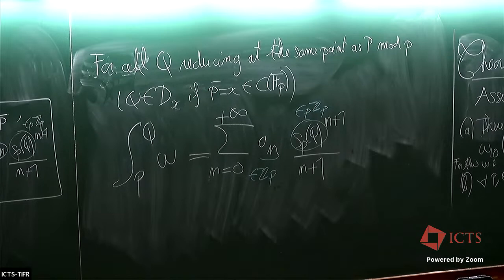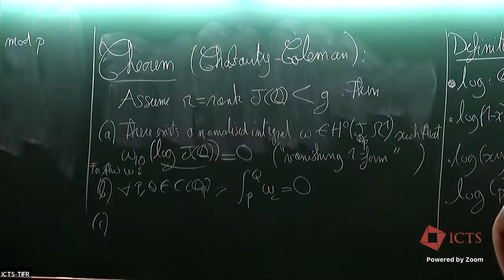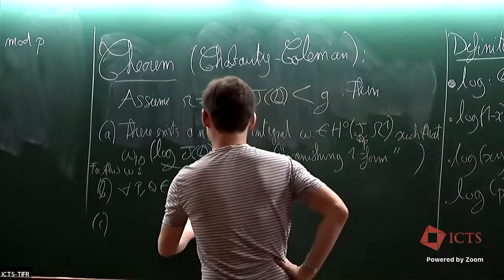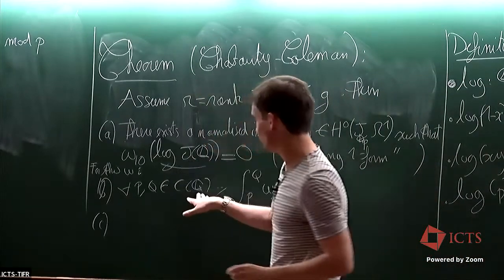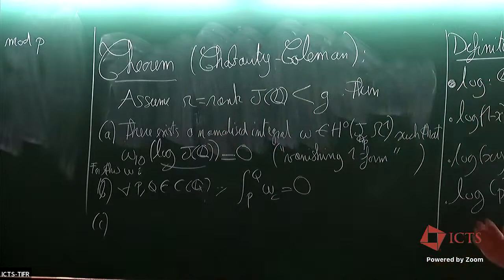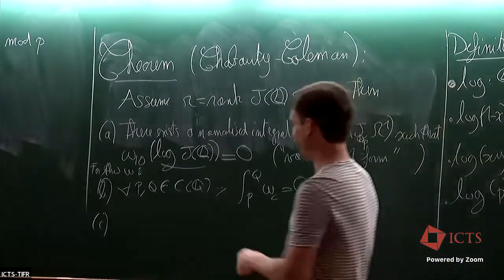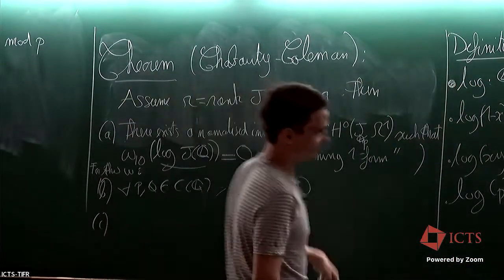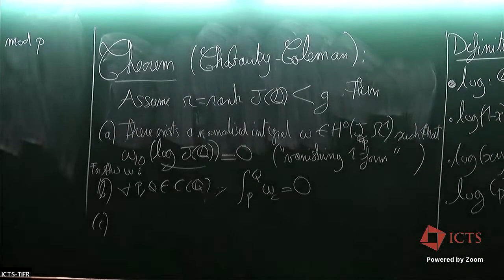So now we use this. Yes. Oh yeah, of course. For C(Q_p), it has a lot of different values. Thanks. Big typo. It should be C(Q), because I use the image of log of J of Q here is 0.